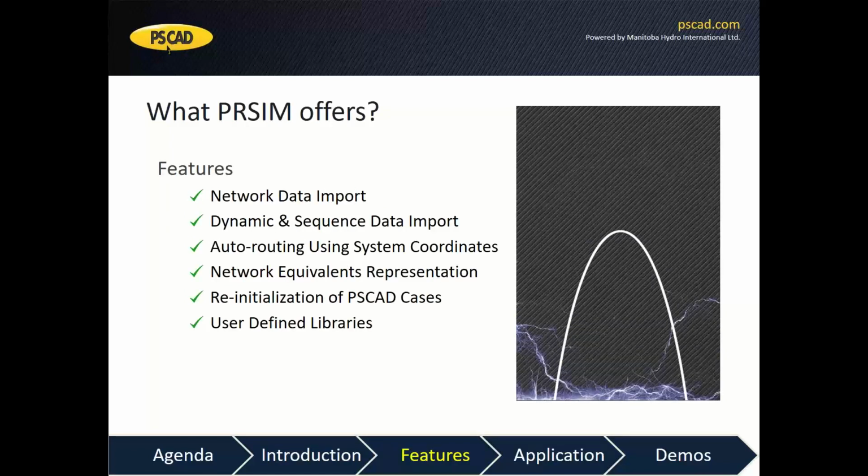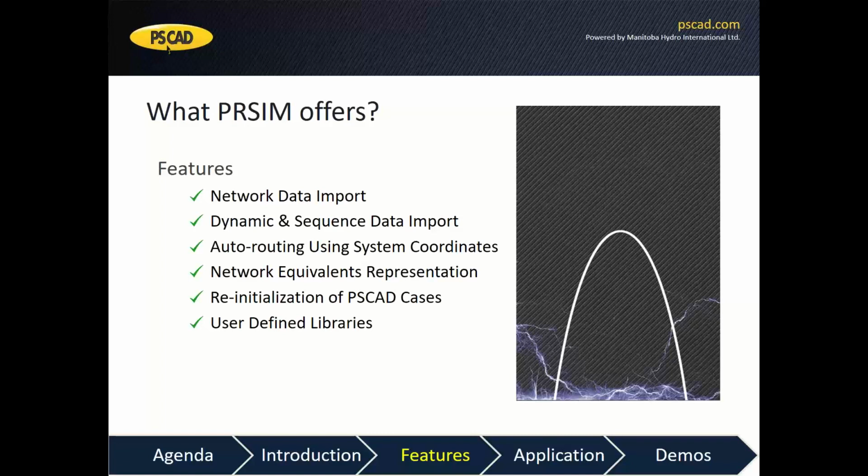To address such challenges, PRSIM benefits from a number of features, a few of which are listed here. It converts PSS/E and PowerFactory data files to PSCAD version 5 as well as 4.6, and that's part of the network data import strategy.